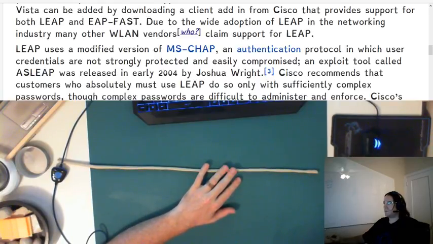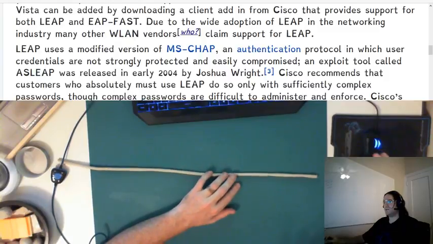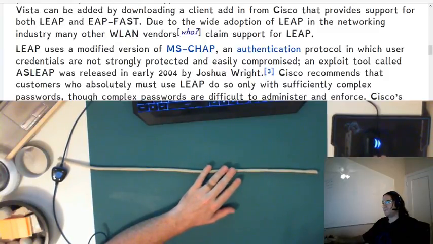An exploit tool called ASLEAP was released in early 2004, and Cisco recommends that customers who absolutely must use LEAP do so only with sufficiently complex passwords, though complex passwords are difficult to administer and enforce.